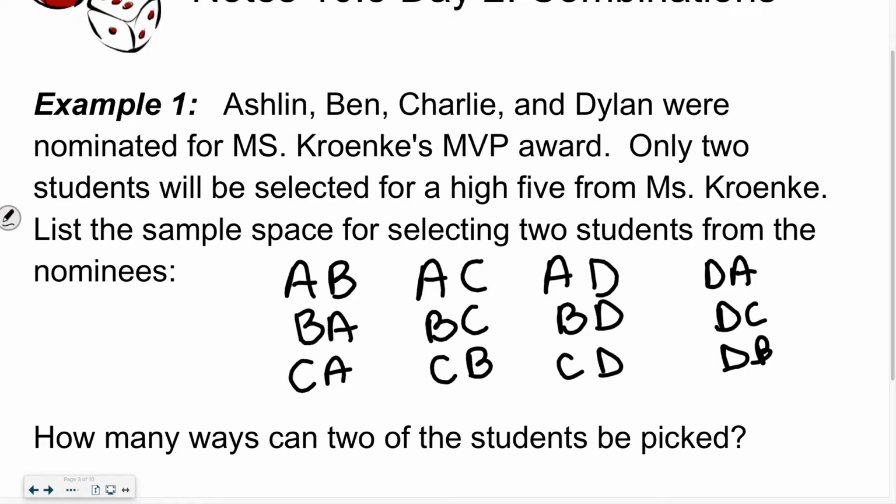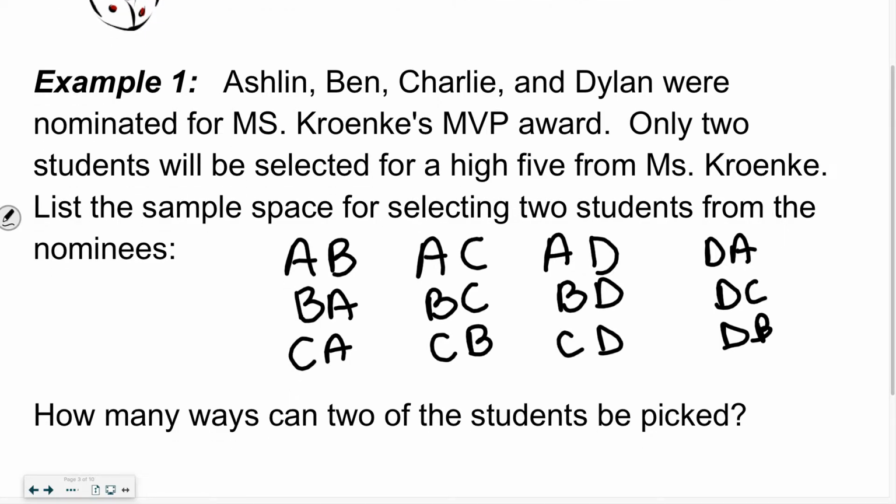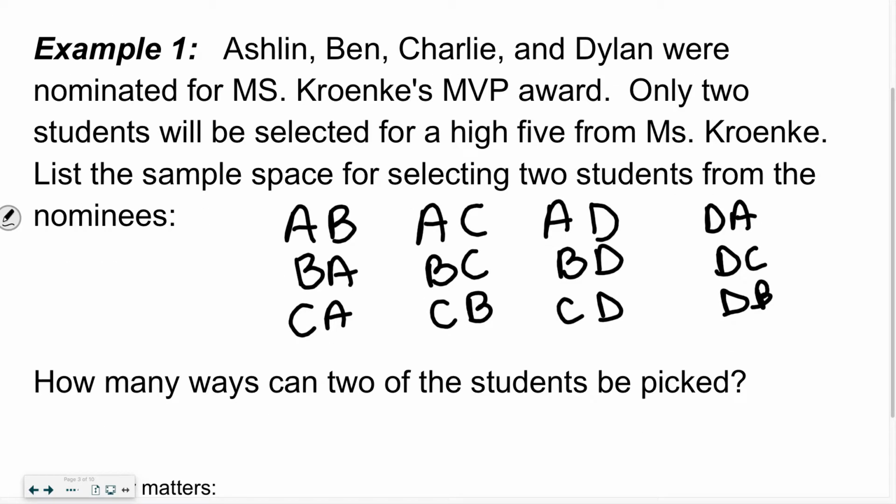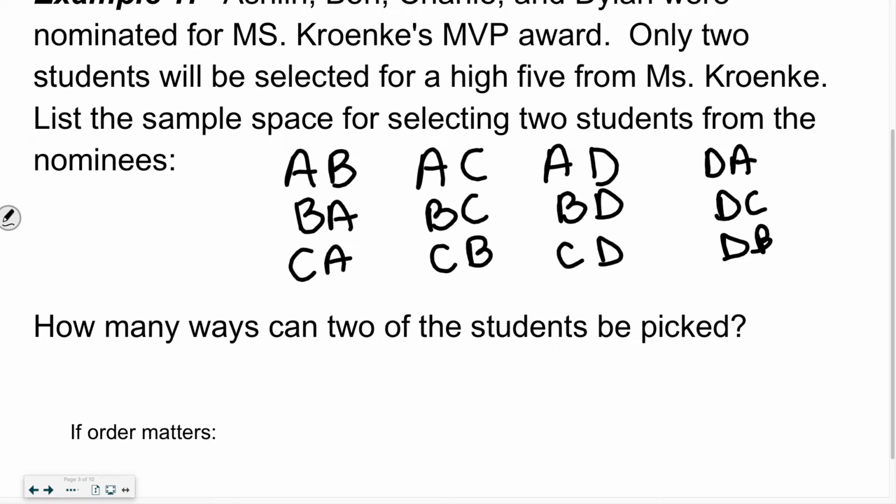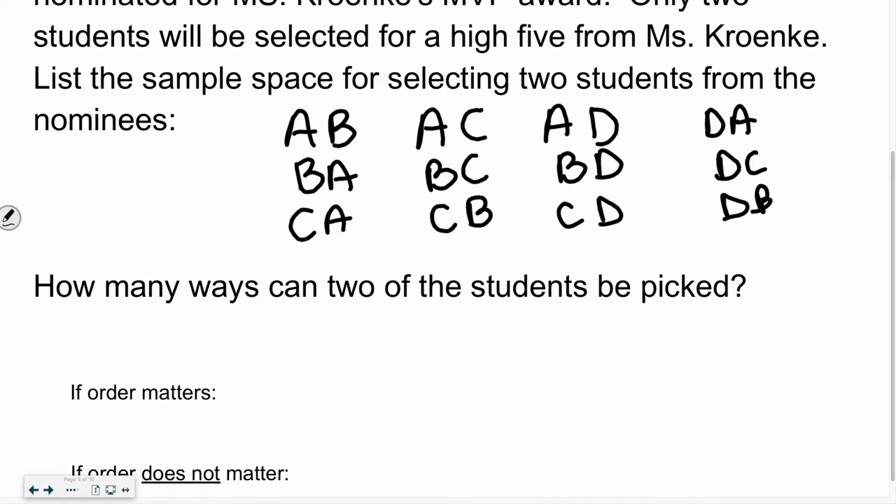But when you think about what's happening in this scenario, let me answer the question down below. If order mattered, how many ways would I be able to pick these students? 12. That's our fundamental counting principle from yesterday. Or you could think about it like a permutation. I could choose any of the 4, Ashlyn, Ben, Charlie, Dylan.